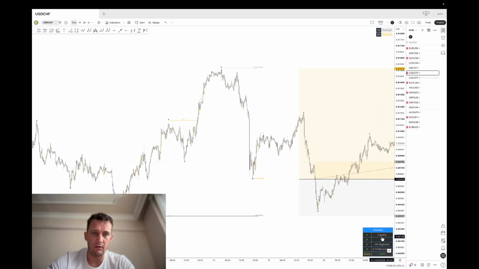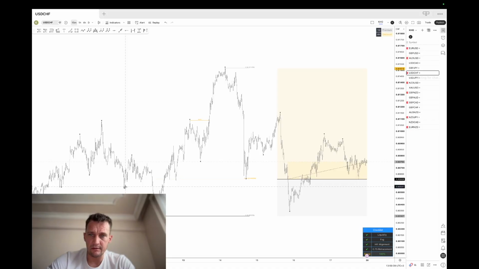That's it. The only thing you need to identify on your own is liquidity. It's pretty much a fractal that goes lower low, and then the market shifts. So you need to identify your own liquidity.